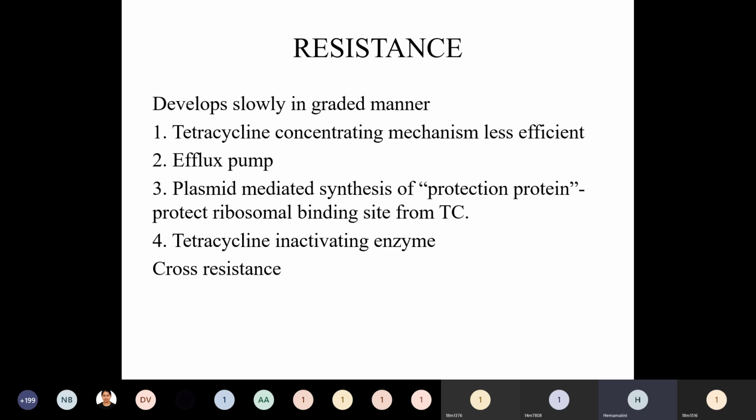These protection proteins protect the 30S ribosome where the tetracycline binds. That site is protected by the protection protein synthesized by the bacteria. And the bacteria will develop tetracycline inactivating enzymes. Those enzymes inactivate tetracyclines. And some of the organisms develop cross resistance with the other tetracyclines.